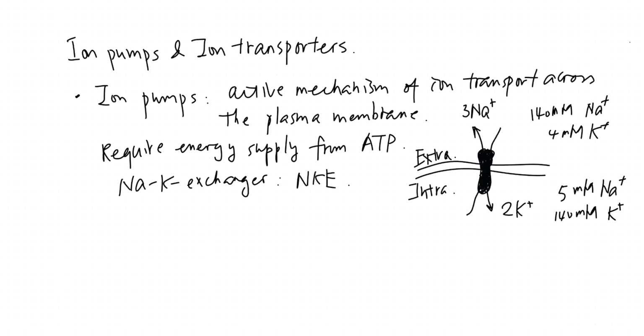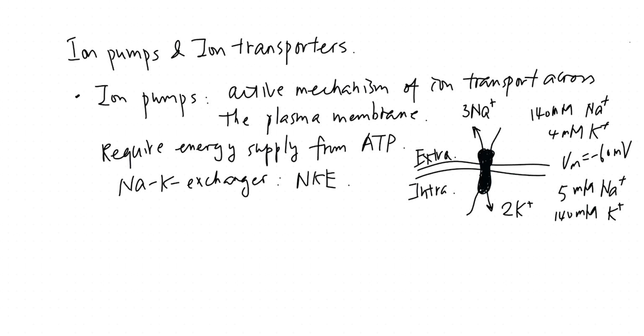We calculated in the last lecture that a typical cell has about minus 70 millivolts of electrical potential, so potassium would actually like to move out of the cell. So it also requires energy to take potassium into the cell. This entire process requires energy.